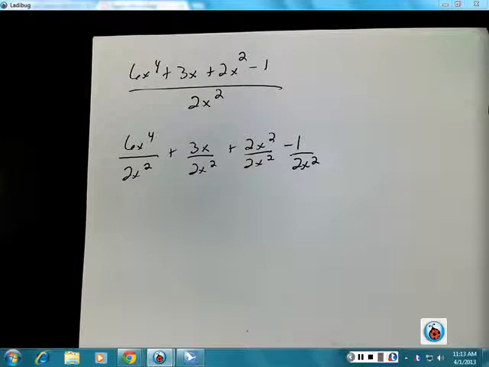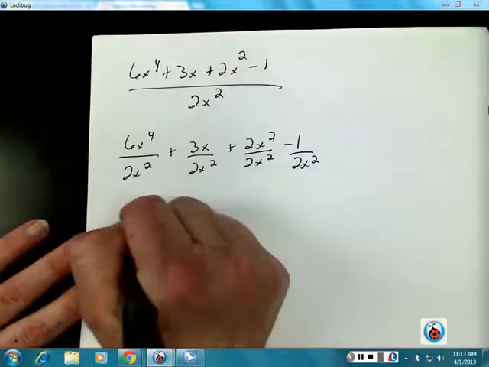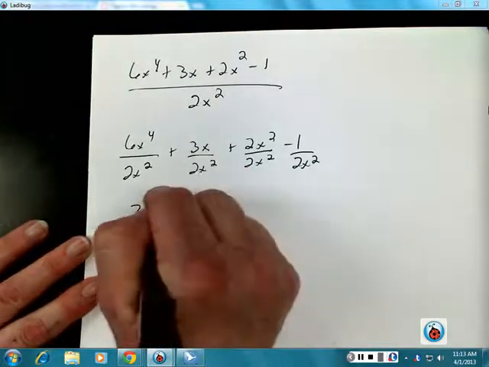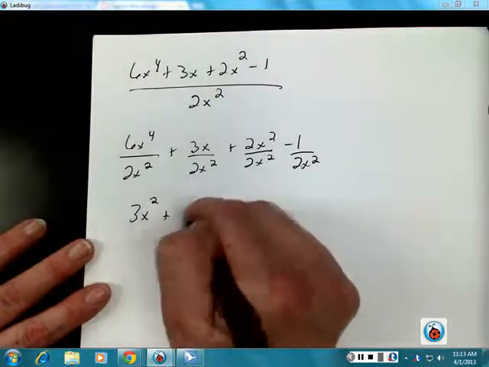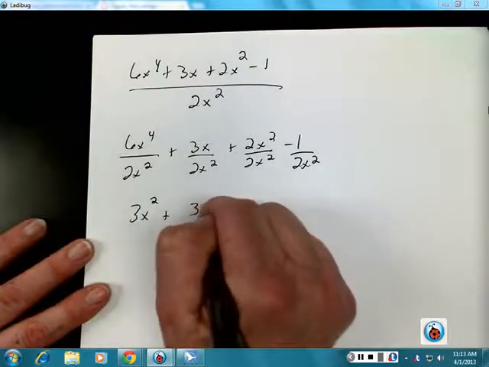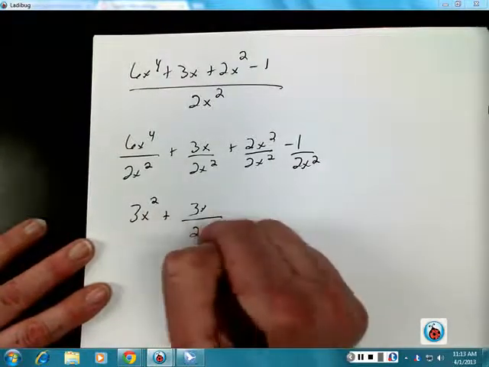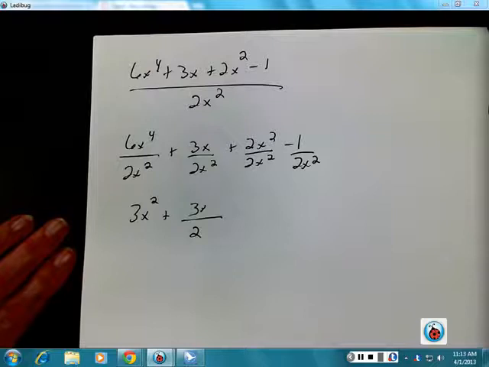Do we have an answer for this thing? 3x squared. 3x over 2? Yeah, what about the rest of you? You like that or not?